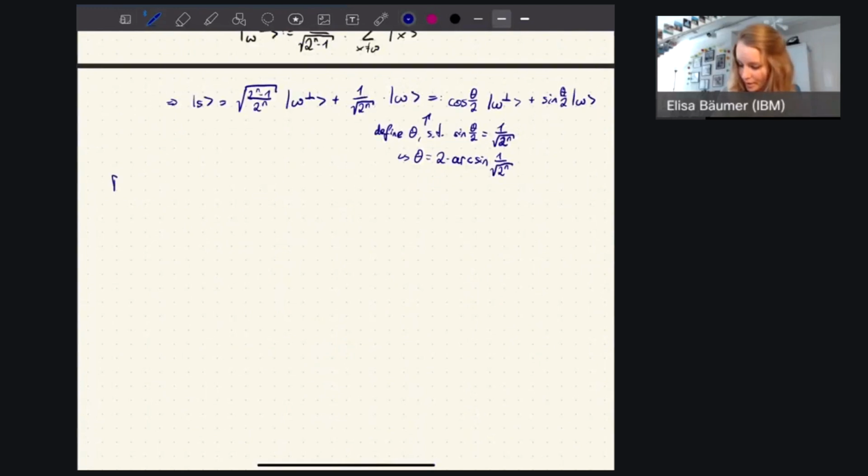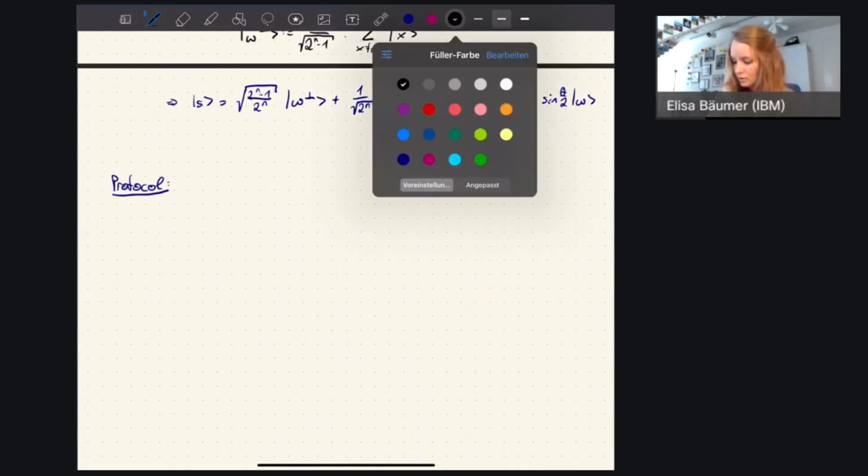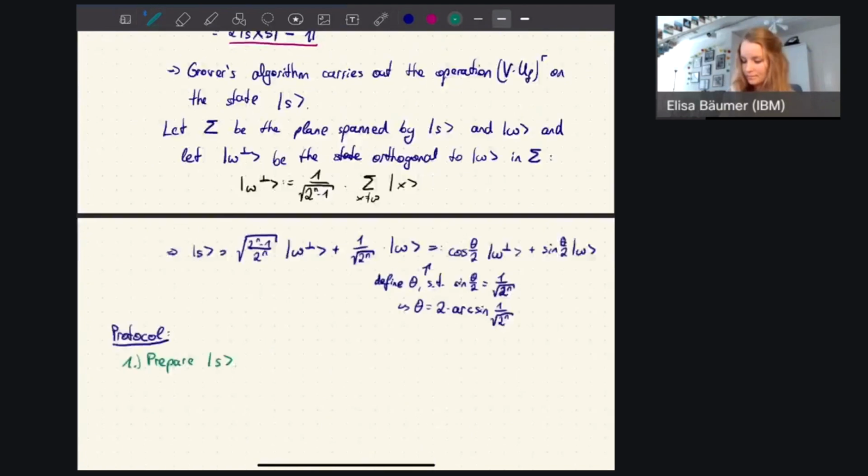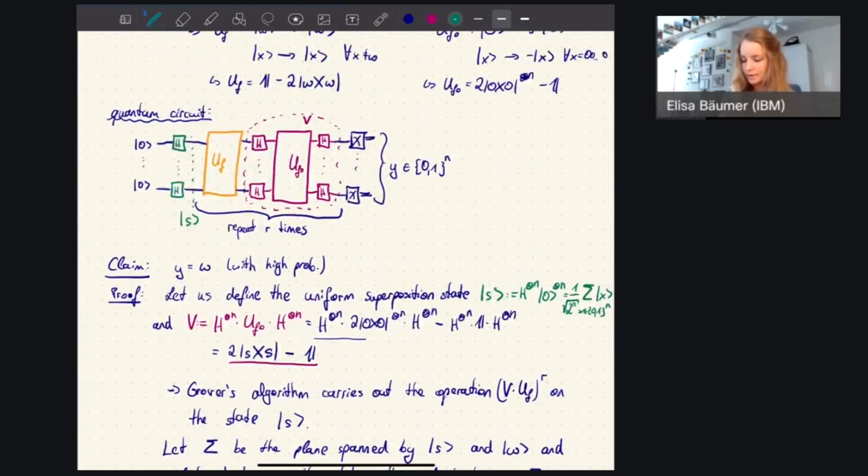So the protocol that we have is basically three steps. The first step is we prepare the superposition state S. That's what we do here in the green part.